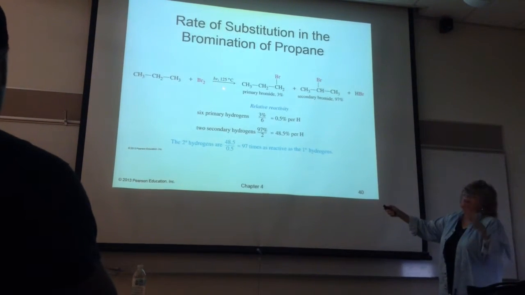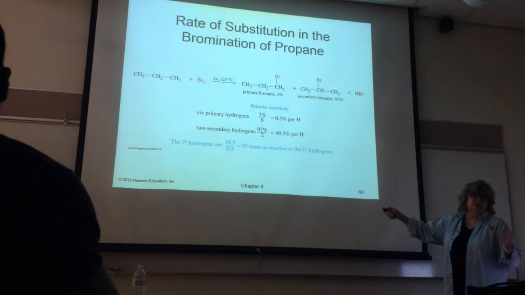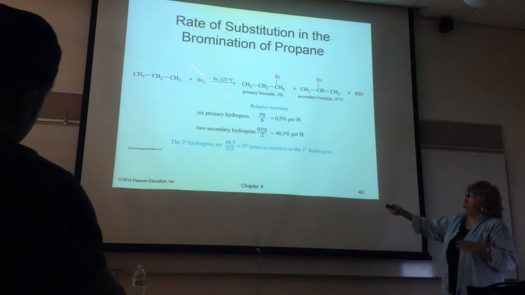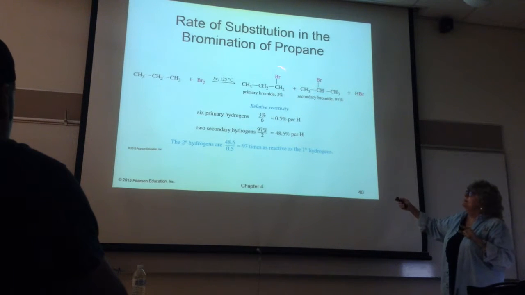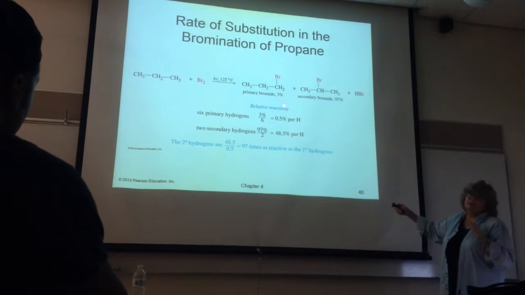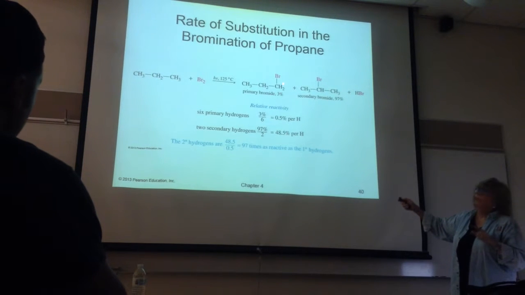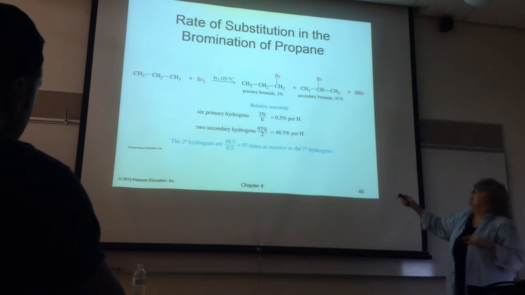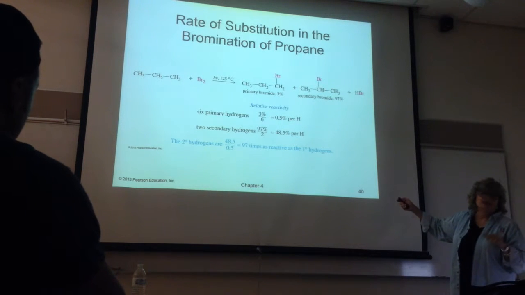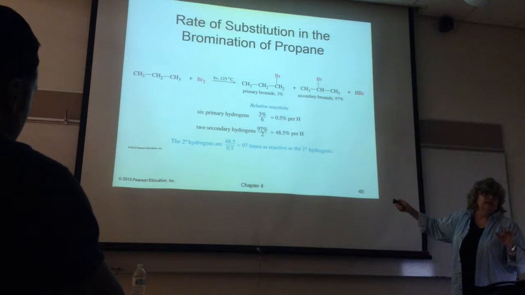They added light, and bromine needs heat. So not only was it light, but heat. But when they analyzed the mixture, only 3% of the product was the 1-bromopropane. Only 3%, while 97% generated the 2-bromopropane, okay?